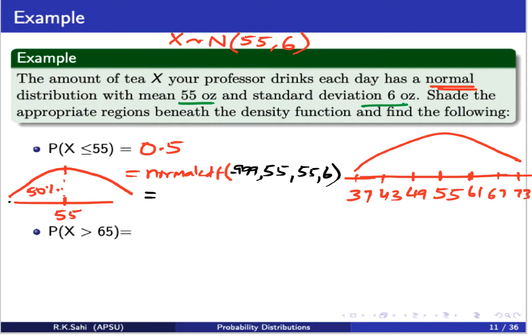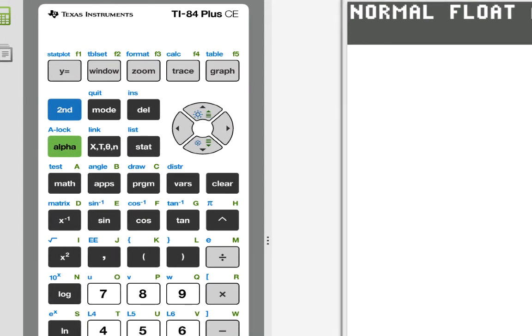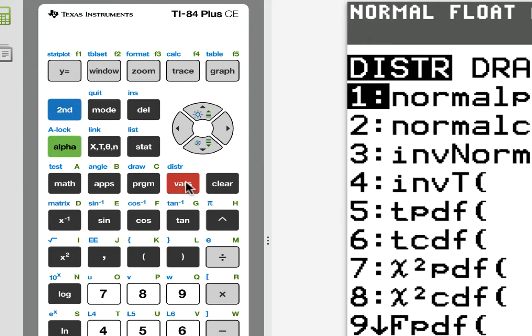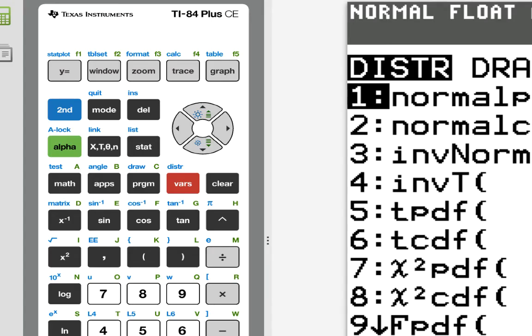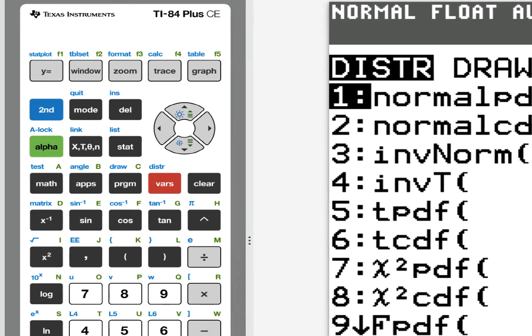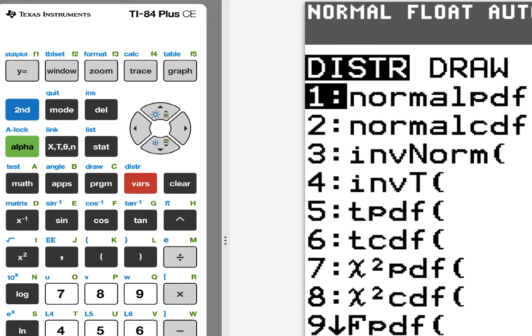So let's get the calculator here. Okay, here's our calculator, guys. You want to use this distribution. What I would recommend is click on second and vars.